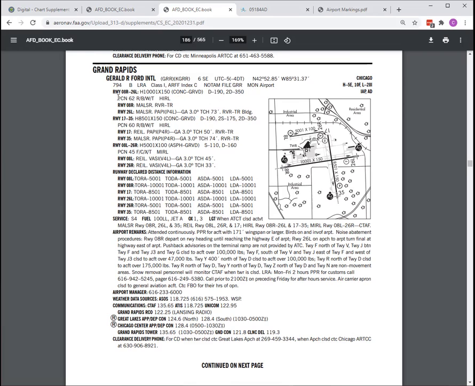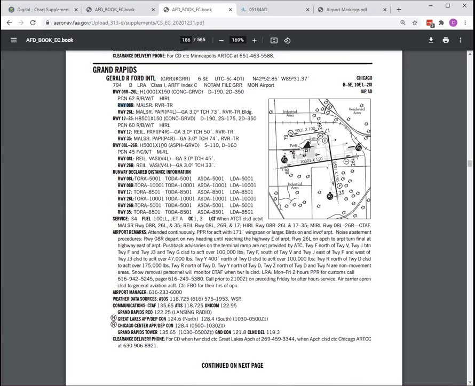Then we get some other information, and then we have the type of lighting. So in this case, it is high intensity runway lighting. Then we get more information split up by each side of the runway.